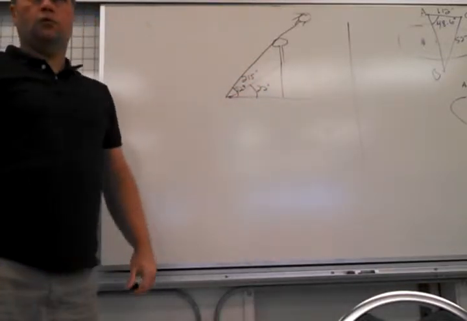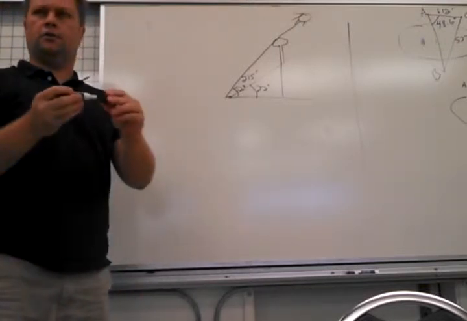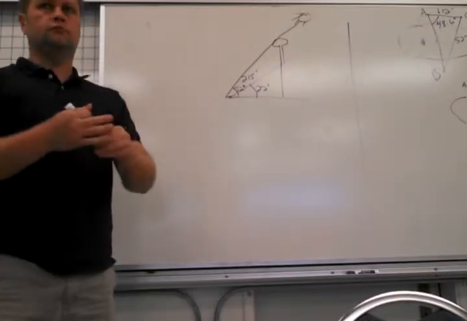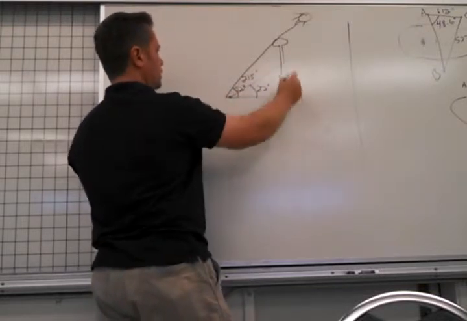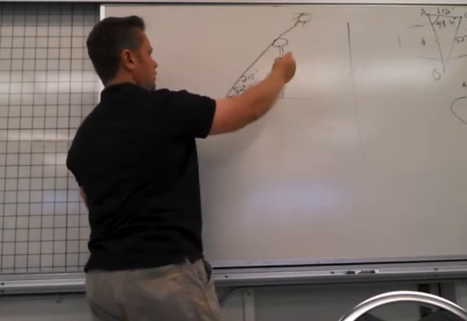Okay, so what have you got going on here? How many right triangles can you play with? Two. Beautiful. For this little right triangle here, we know an angle and a side. Then I've got this weird triangle here.